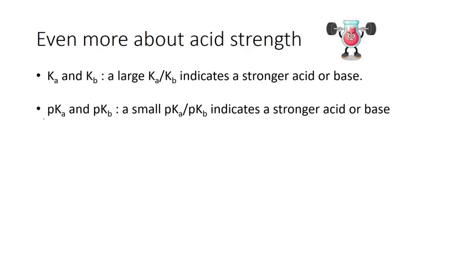Right? The opposite is true with pKa and pKb, right? Small pKa and pKb indicate stronger acid and base, right? Because remember that pKa is a logarithmic scale. So, right, when you take the negative log of something like 1, we'll just go with 1 since that's easier for me to do in my head, right?